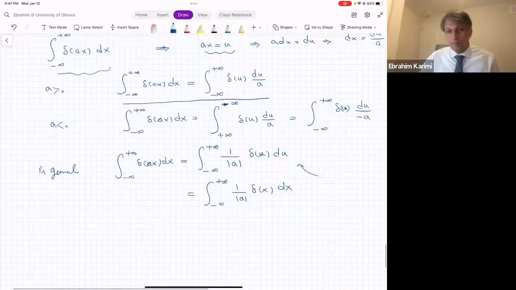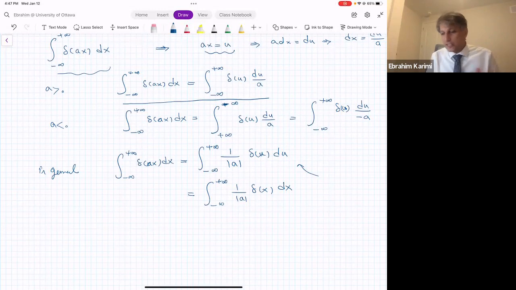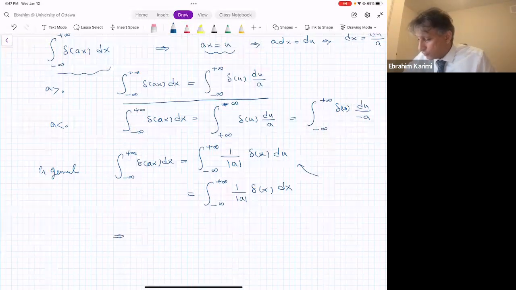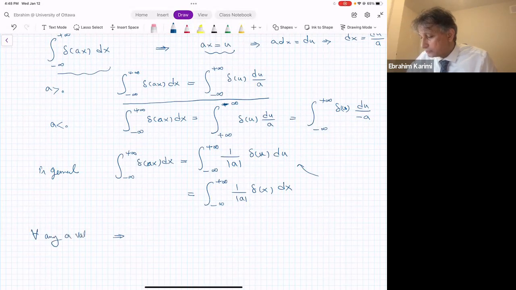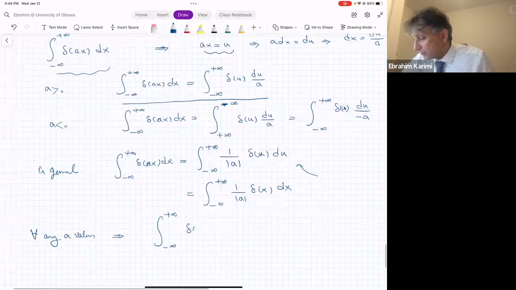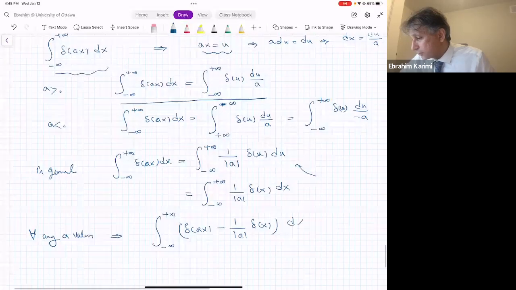Now, I will bring the right side to the left side. I will make a unique integral. Then for any a value, I have the integral from minus infinity to plus infinity of delta of ax minus 1 divided by absolute value of a, delta of x dx equal to 0.